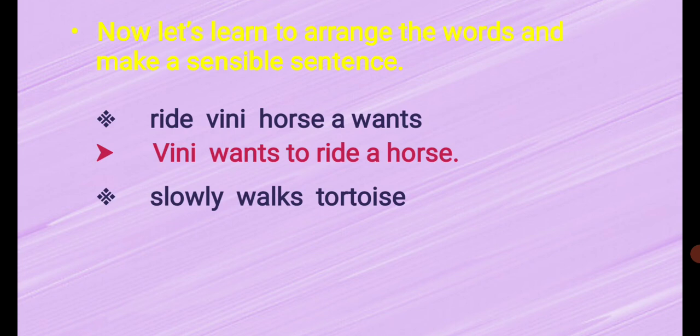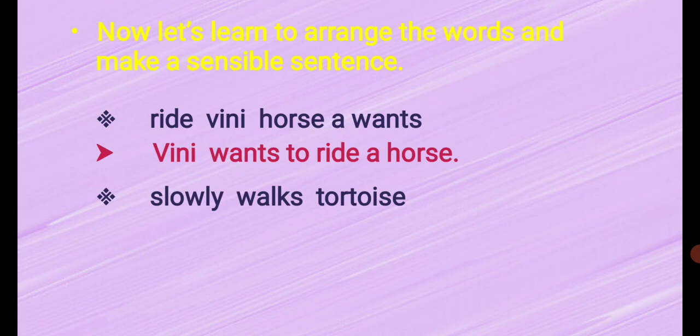By which part of the sentence is the action done? Yes, tortoise. So tortoise is the first word, then the action of the tortoise is walks, and the rest of the sentence, maybe an adjective or adverb, is called the object of the sentence.